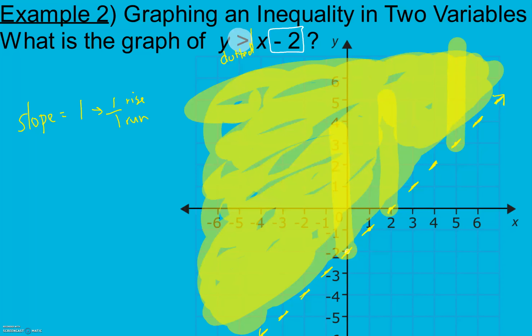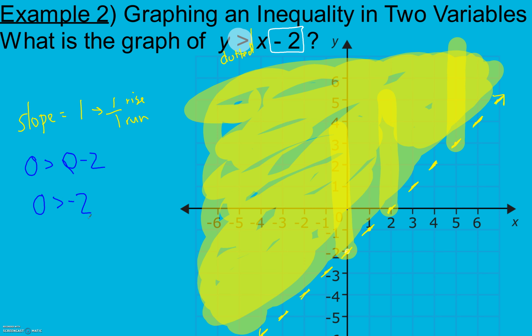The other thing we can do is we can use a test point. We can pick any ordered pair that's not on our line. Here I'm going to pick 0, 0, because that's fairly easy to plug in and to check. 0 greater than 0 minus 2. 0 is greater than negative 2.